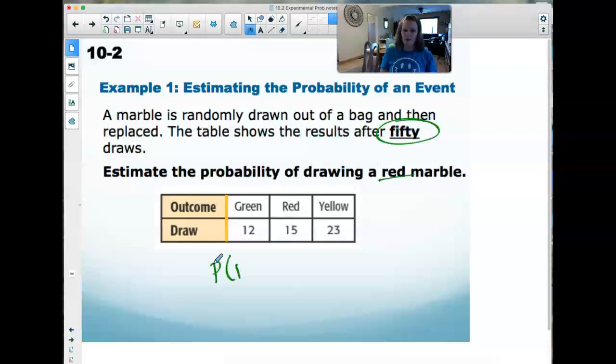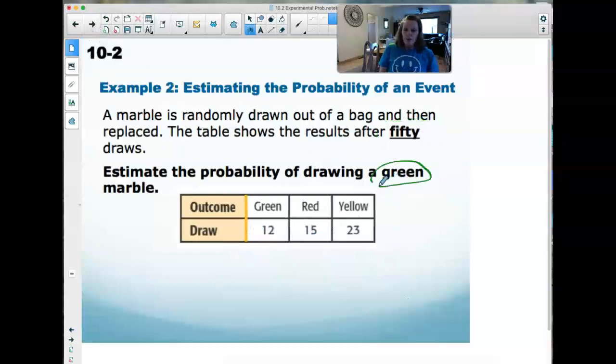So I'm going to write this as the probability of red, which ends up being 15 out of 50. Now you can leave it as a fraction in simplest form. We would divide by 5. That would be 3 out of 10, or write it as a percent. 3 divided by 10 times 100 is 30%. So the probability of picking a red marble is 30%.